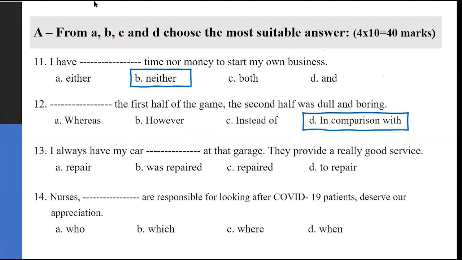Yes. Whose hands are raised? Nuria, go ahead. I always have my car repaired at the garage. They provide a really good service. Okay, Nuria, why did you choose repaired? Because it's past and I have always. And how did you know to use repaired? Why didn't we choose the other options?